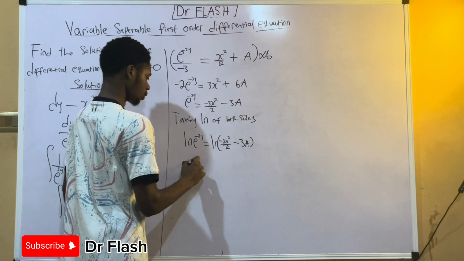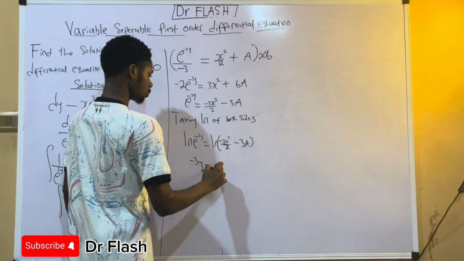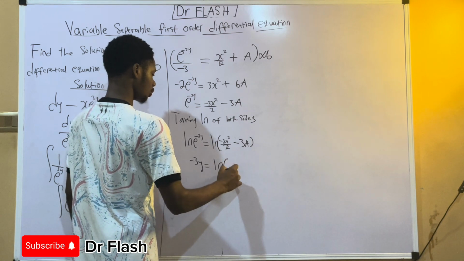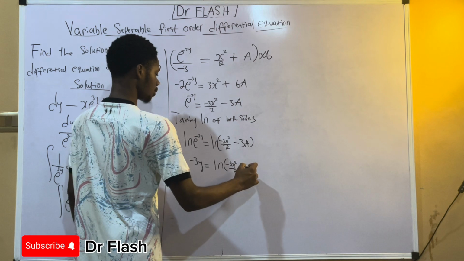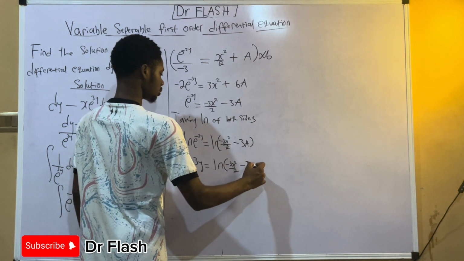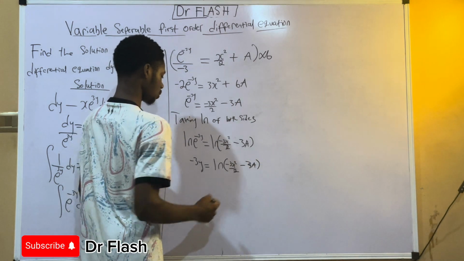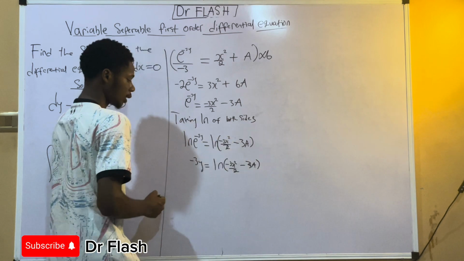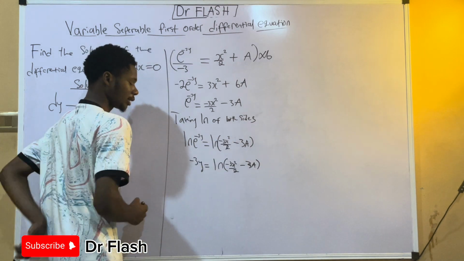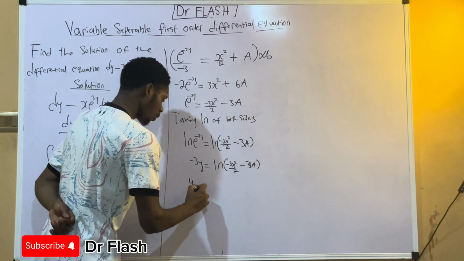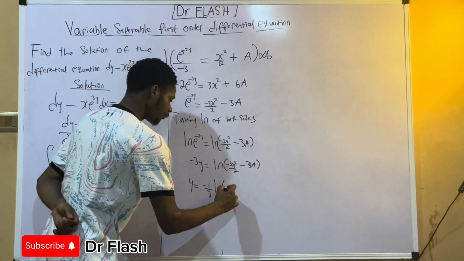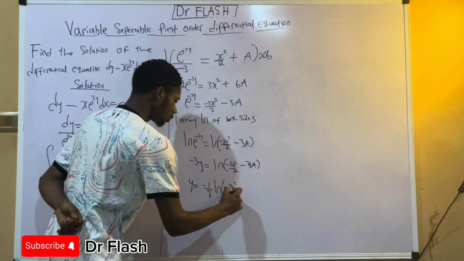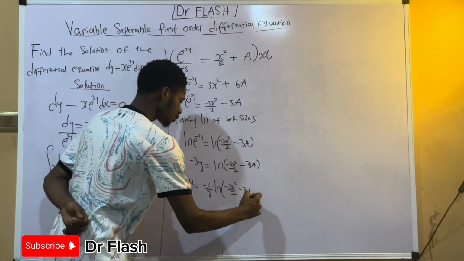Now we're going to get minus 3y equals the ln of minus 3x squared over 2 minus 3a. Now what is next? Divide both sides by minus 3, then we'll have y is equal to minus 1 over 3 ln of minus 3x squared over 2 minus 3a.